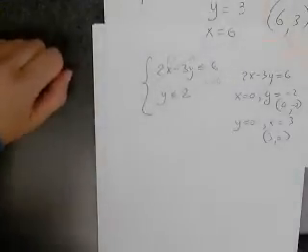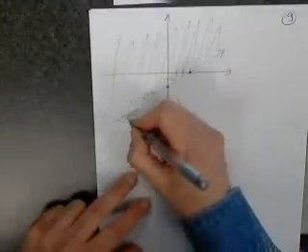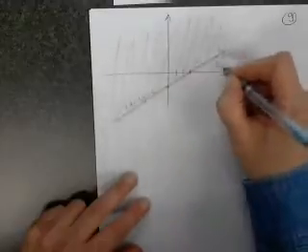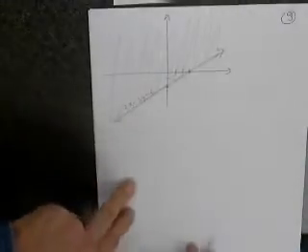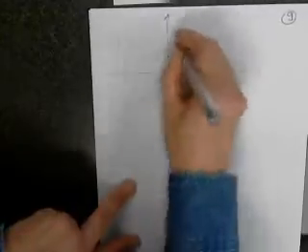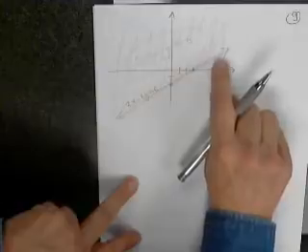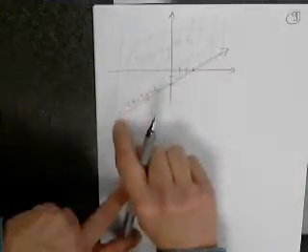Is that true or false? True. So then I have to shade in that area, that region, including the line. And this is 2x minus 3y less than or equal to 6. Not this. This is just the line.